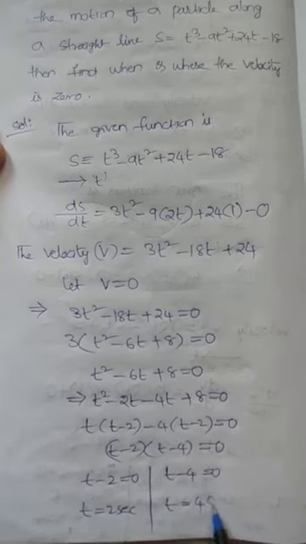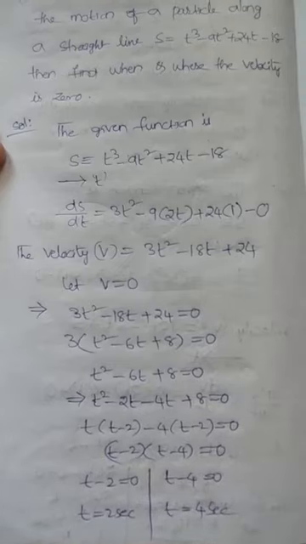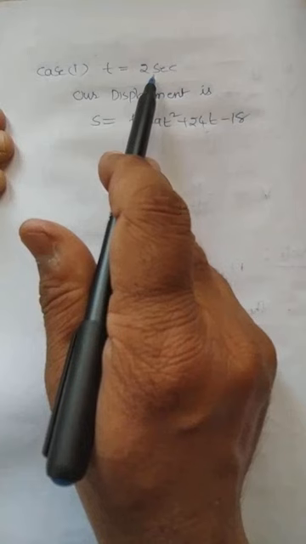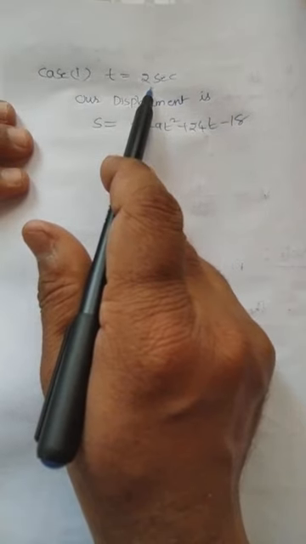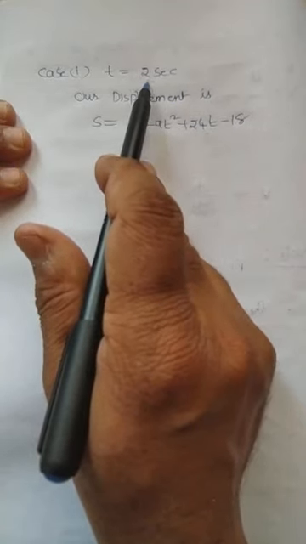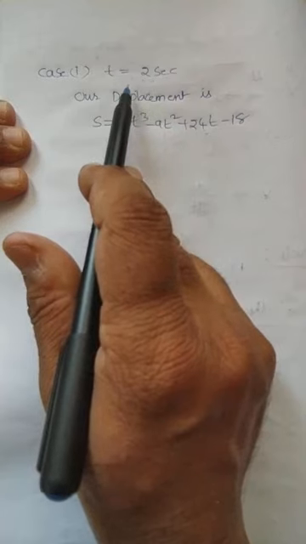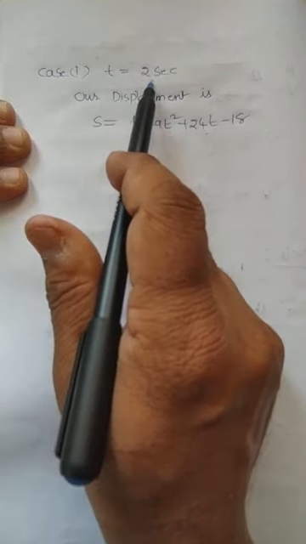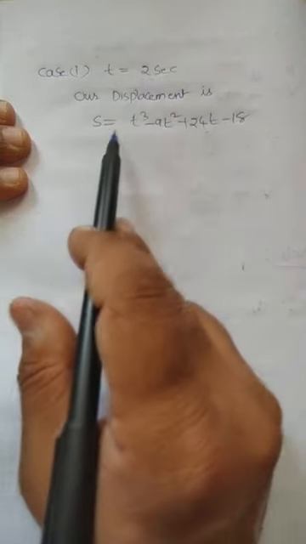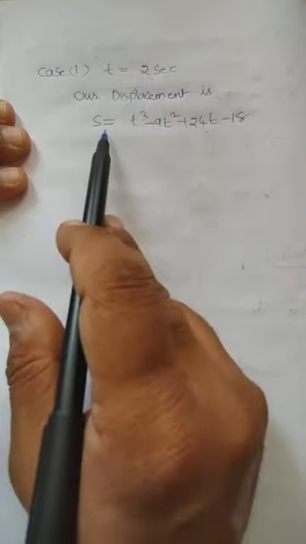Let us check which one is correct. Up to now what we got? At the time t is equals to 2 seconds, the velocity is 0. Now we are going to find where the velocity is 0. For that we have to find its displacement function at t is equals to 2 seconds.